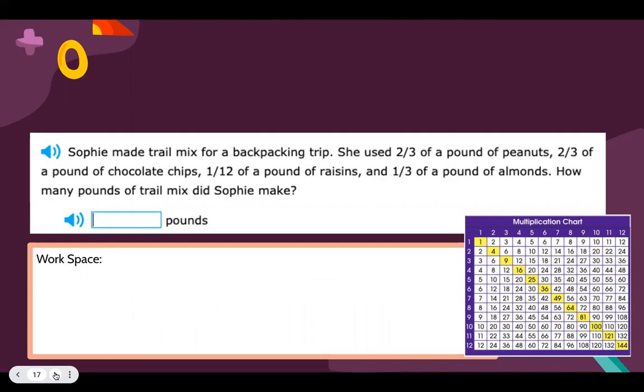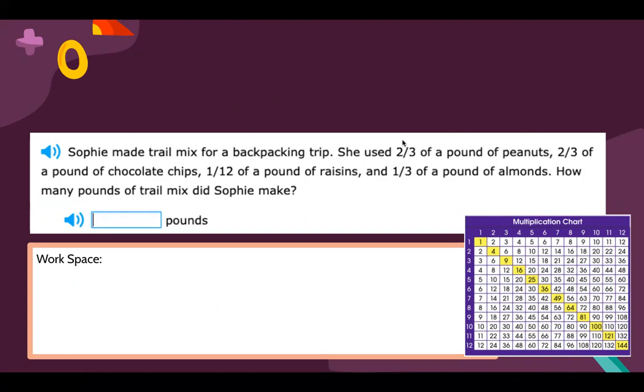Sophie made a trail mix for backpacking trip. She used 2/3 of a pound of peanuts, 2/3 of a pound of chocolate chips, 1/12 of a pound of raisins, and 1/3 of a pound of almonds. How many pounds of trail mix did Sophie make? Well, if you look carefully, we have a third, we have a third, and we have a third, but this one's a 12. So what are we going to multiply times this 3 to make it a 12? We're going to multiply 4/4.